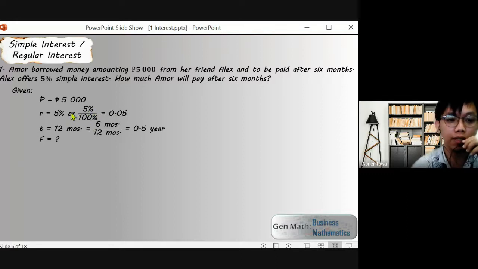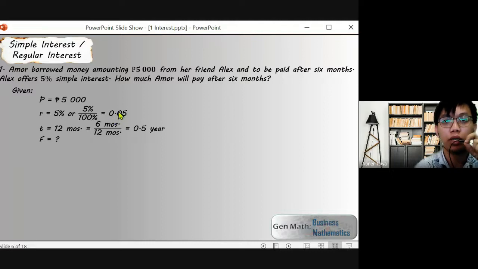And you can just move 2 decimal places from right to left. So dito sa 5, meron siyang decimal point after the number 5. Just move 2 decimal places and then lagyan natin ng 0 yung blank. So like for example, 5%, we are going to rewrite this as 0.05. So from this point, mag-move tayo ng 2 decimal places to the left.